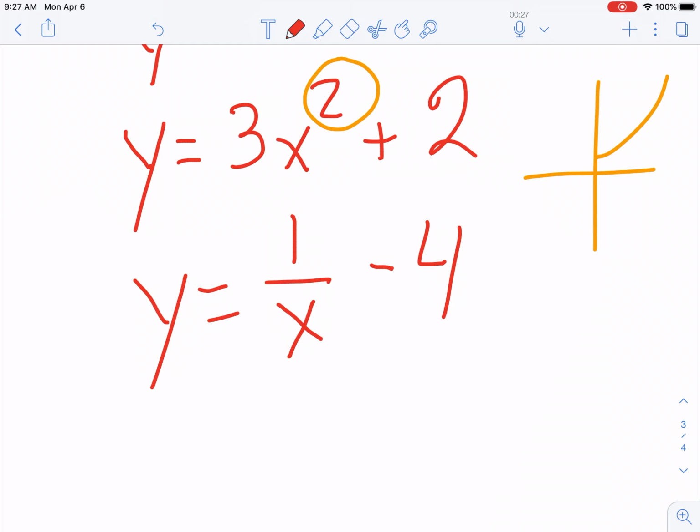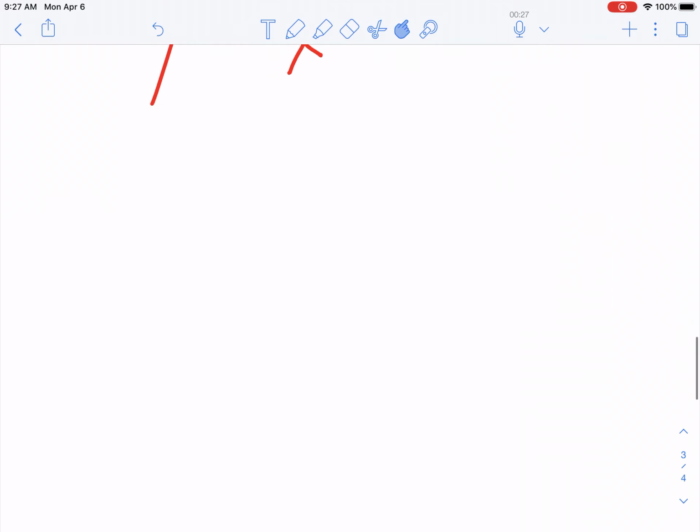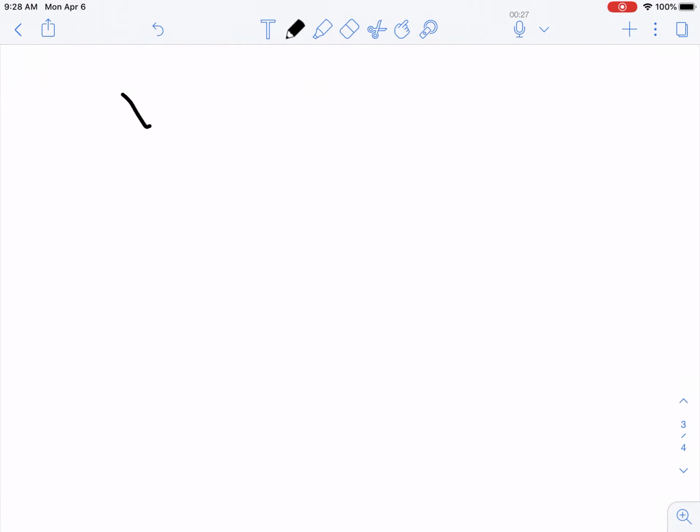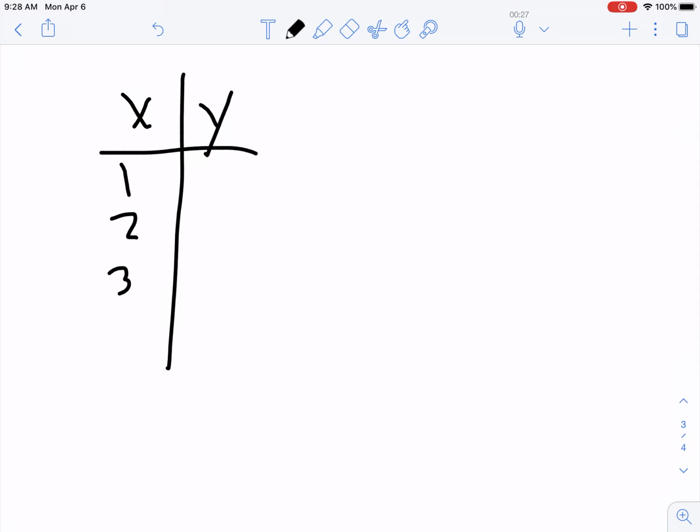Okay, the last part is what a linear relation looks like in table form. So if we make a table of values, which is just x values and y values, and I'm just making these numbers up, 1, 2, 3, 4, and the y values could be 6, 8, 10, 12.